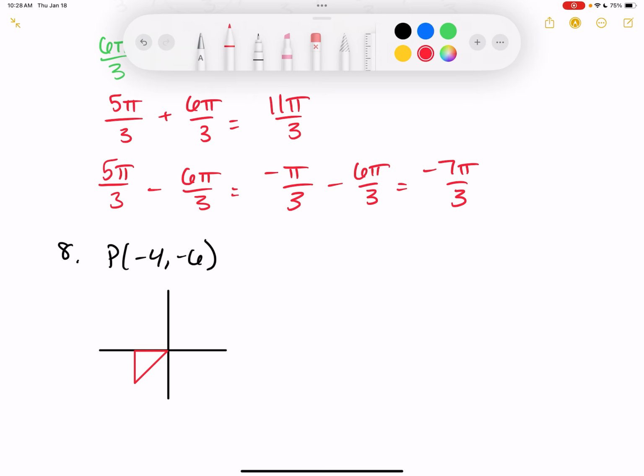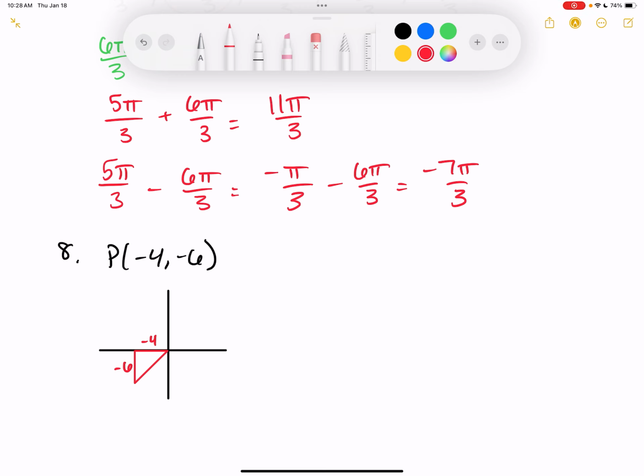I need to label the sides. So x is -4, y is -6. And normally we can't have negative lengths, but in this case we can. So I need to find the hypotenuse side, or we often call it r in the situation of trig.